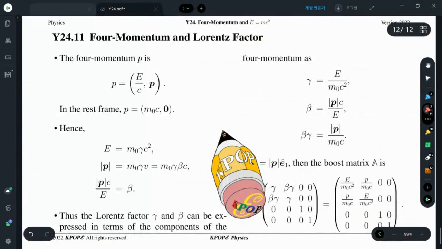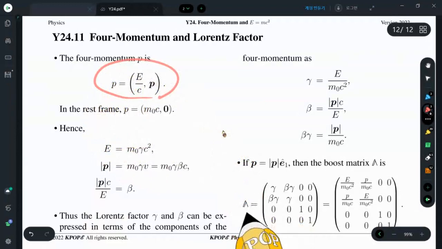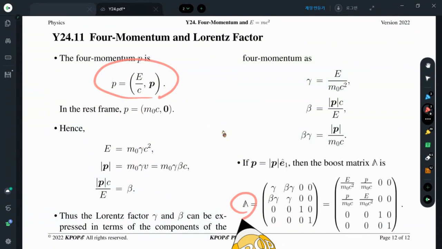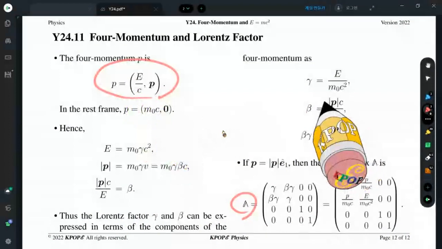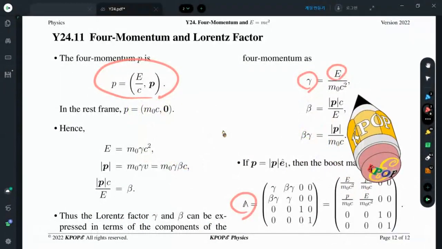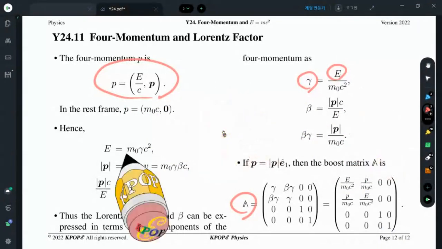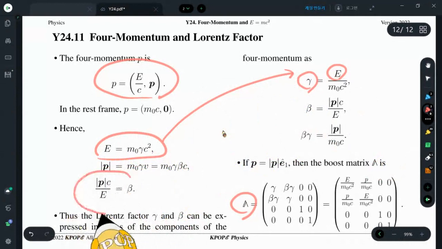Okay, so we can make use of the four-momentum to rewrite the boost matrix for the Lorentz transformation. We remember it can be expressed in terms of gamma, gamma beta, gamma beta, gamma. Because of every component of the four-momentum here, gamma equals energy divided by m0c squared, and we know from this that beta gamma is obtained.